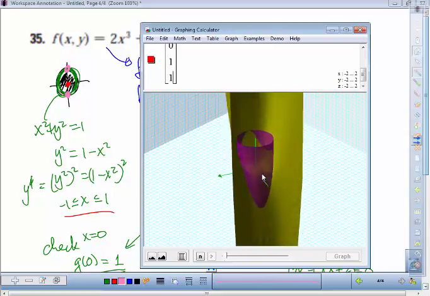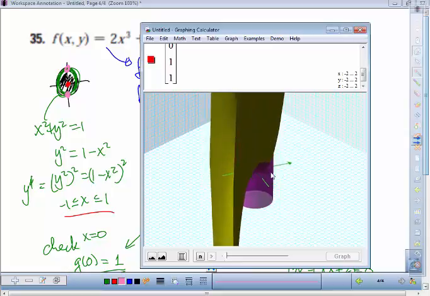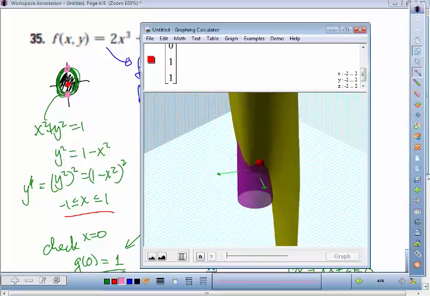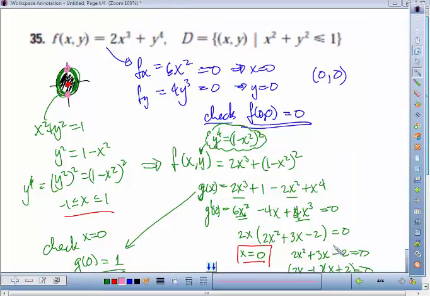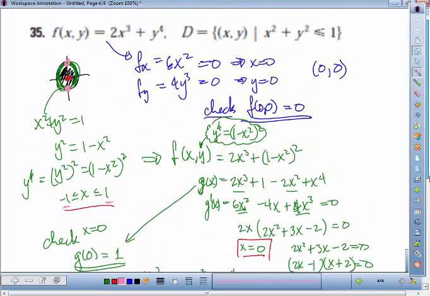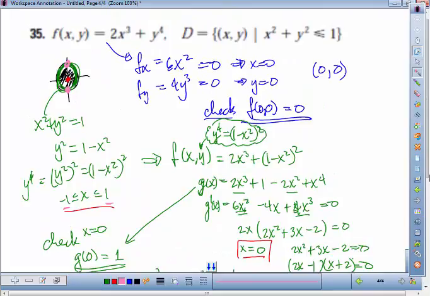No, that wasn't even right. Yeah, maybe we shouldn't have plugged it into the G. We also needed to have plugged in x is equal to 1 and, oh, we did 0 and 1/2, but we didn't do the endpoints. Ah. All right.